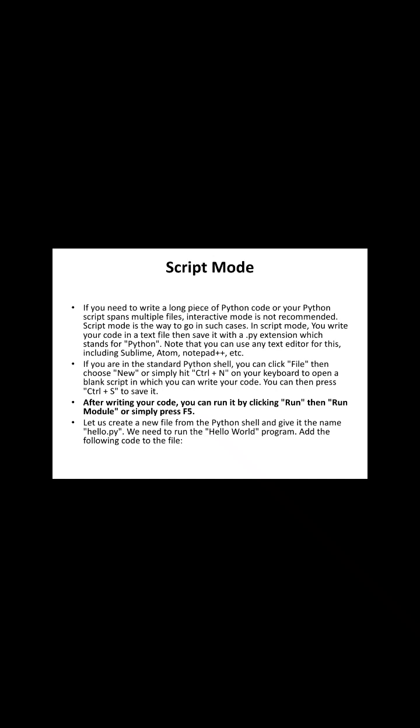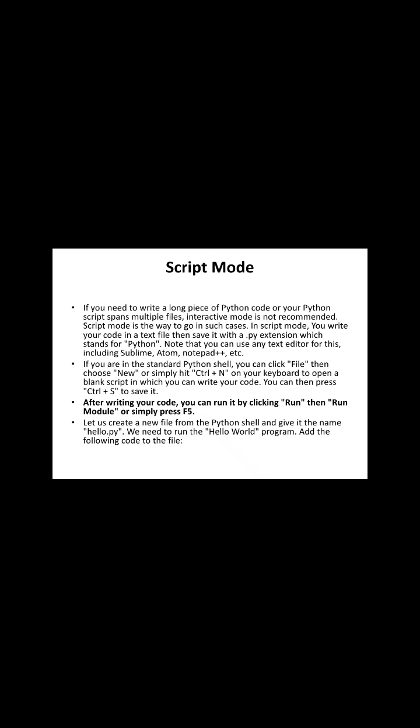In script mode, you write your code in a text file and then save it with a .py extension, which stands for Python. Note that you can use any text editor, children. You can write your script in Notepad or Atom or Sublime, whatever editor you have.